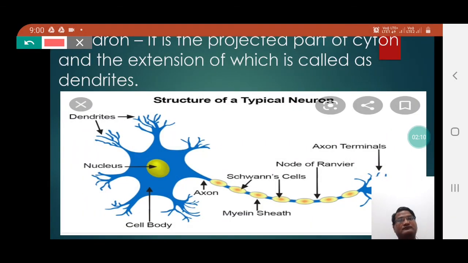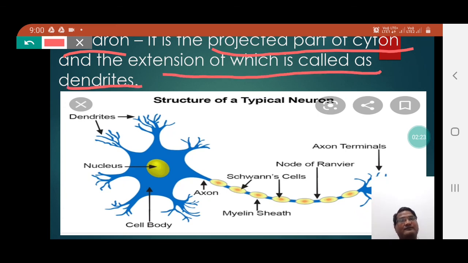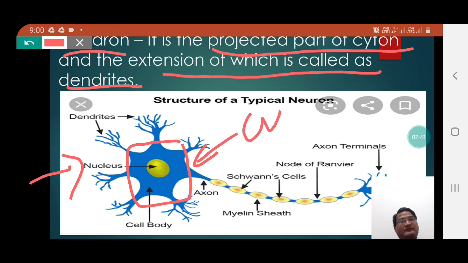Dendron. It is the projected part of the cyton and the extension of which is called dendrites. Students, you can notice here in this picture that cyton is present, which we call the widest part of the nerve cell.